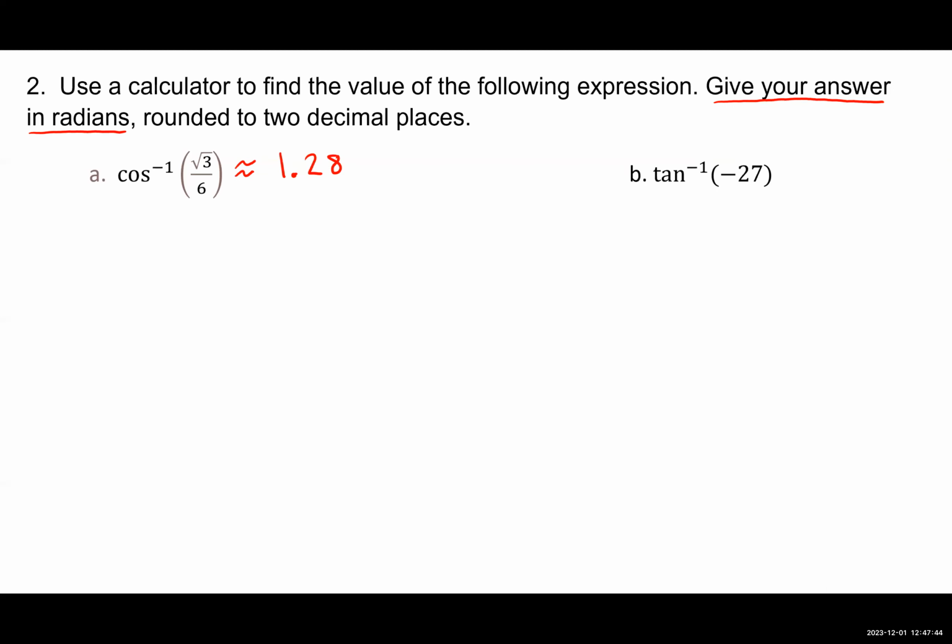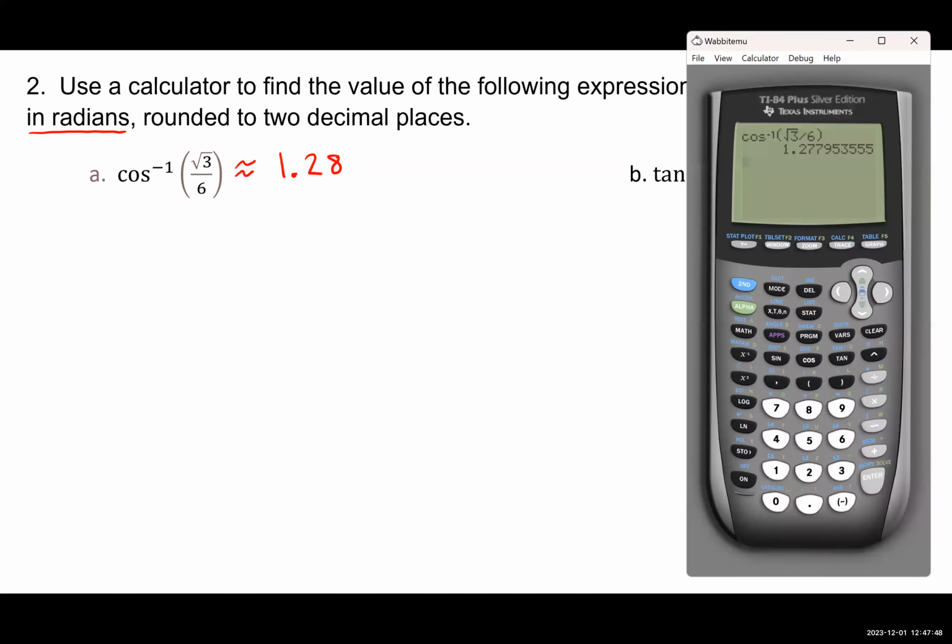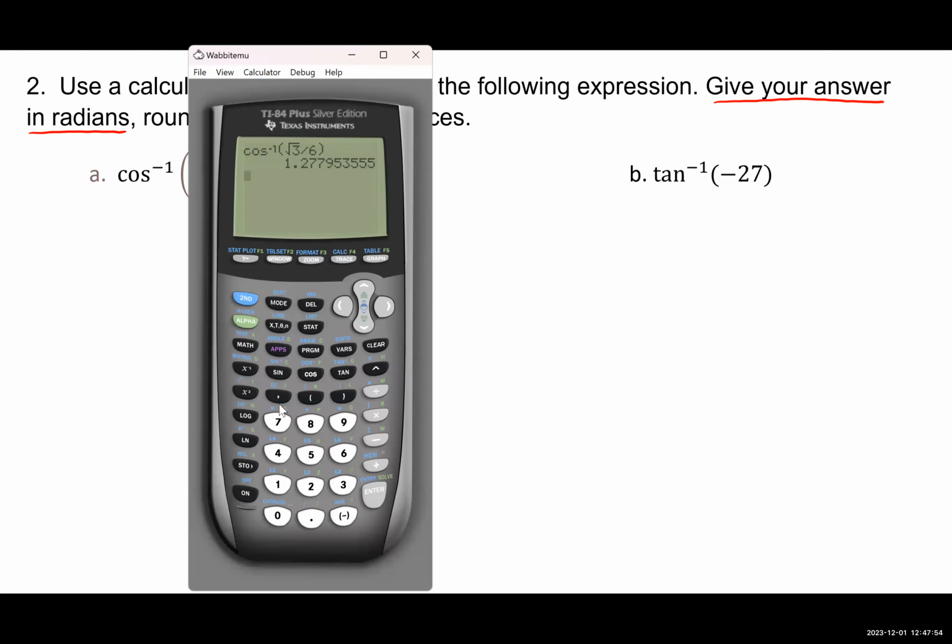All right, and then the last one I want to do here, let me move the calculator to the other side, is the tangent inverse of -27. So we'll go second tangent to bring up tangent inverse. -27. Make sure you're using the negative sign down here, not the minus key.